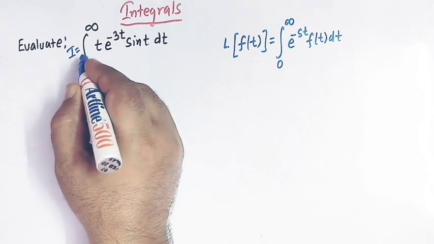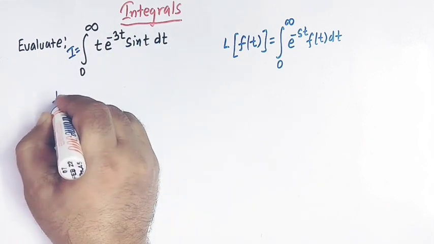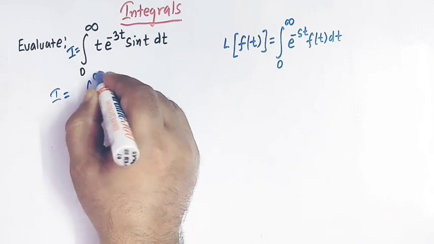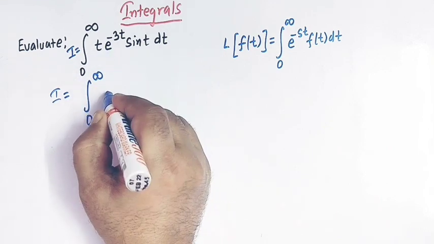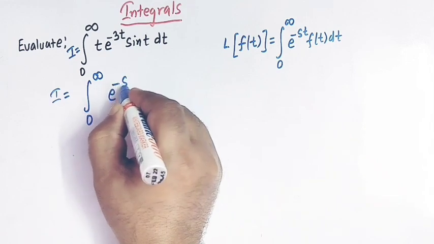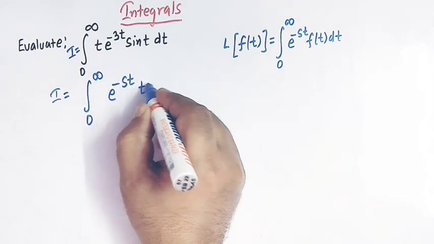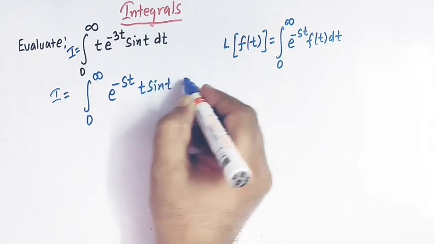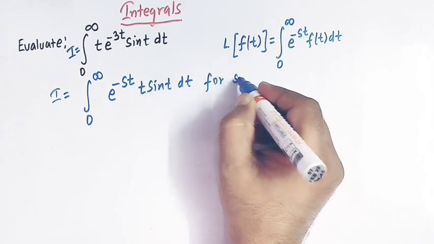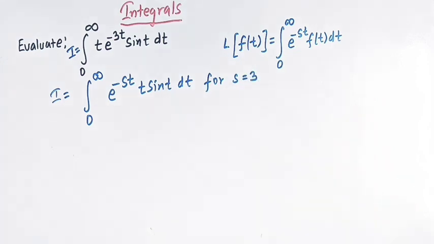Now see, if we write this integral as I is equal to 0 to infinity, and if we write it like this, that is e raised to minus st and t sine t dt for s is equal to 3, right?